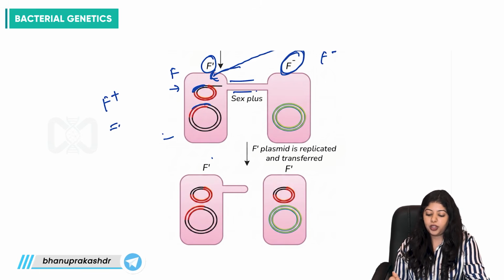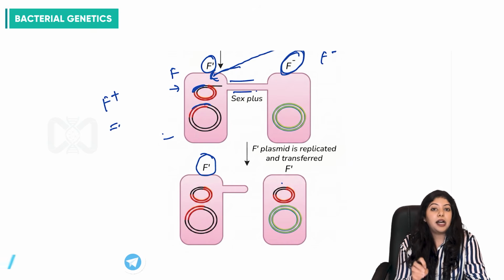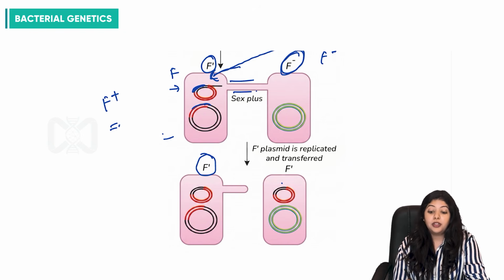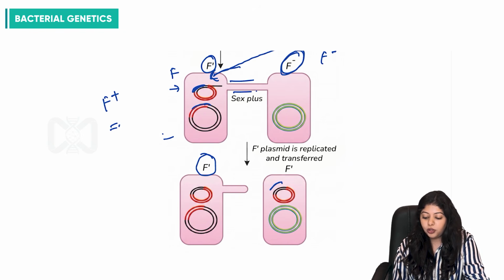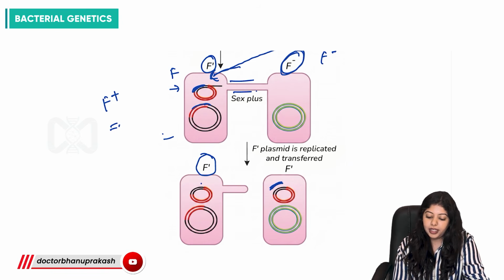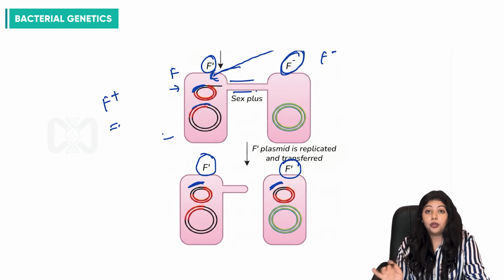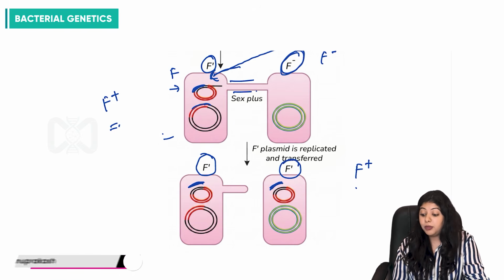For the transfer of genetic material, this F prime cell is not just going to transfer its plasmid DNA, it is transferring some part of the chromosomal DNA as well. So replication is not only happening of the plasmid DNA, but also of the chromosomal DNA which was originally present in the F prime cell, to the other cell. So the other cell not just becomes F positive, this particular cell also becomes F prime.